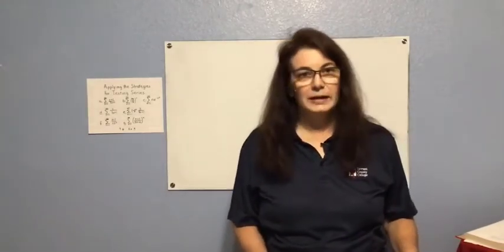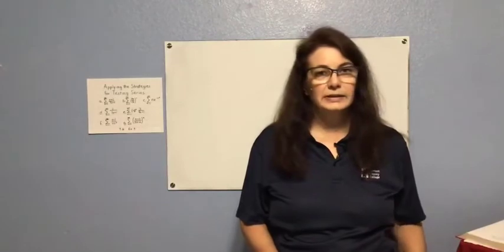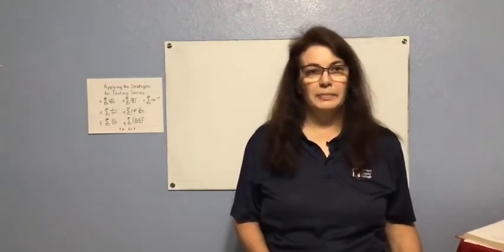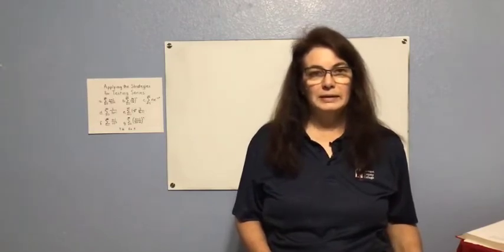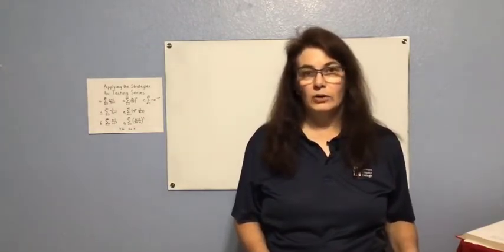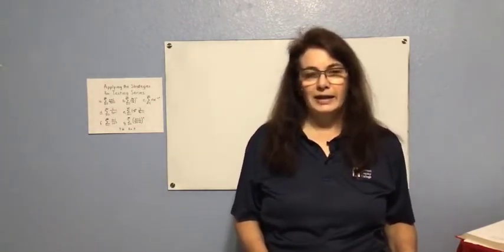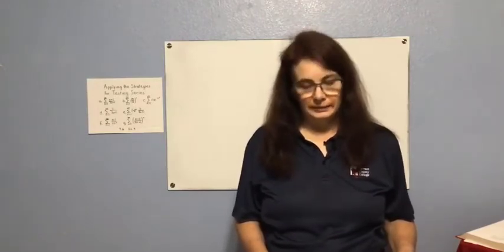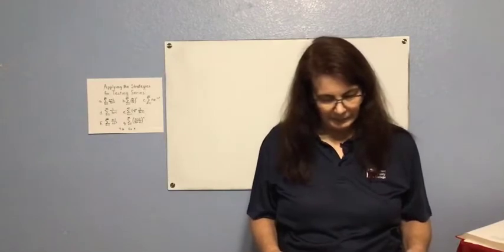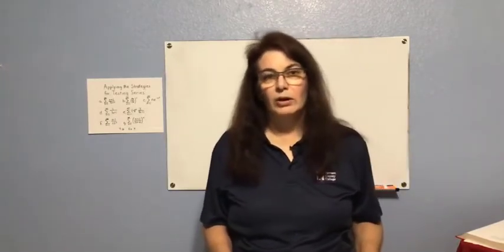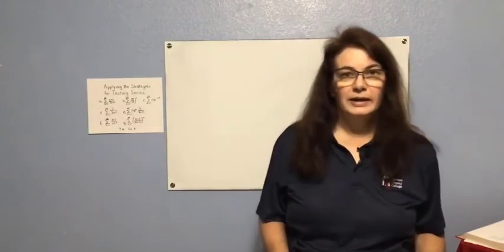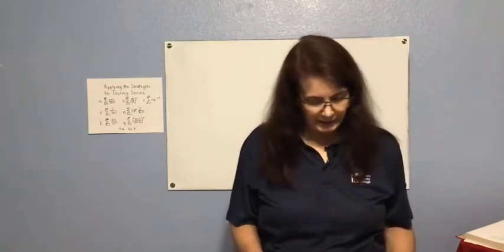First of all, there's a table on page 636 that goes through all 10 of the tests, how to set them up, what they mean. I would strongly encourage you to add that to your notes so you can refer to it quickly. Okay, in general, when we're trying to decide if a series converges or not, these are the steps you should take.